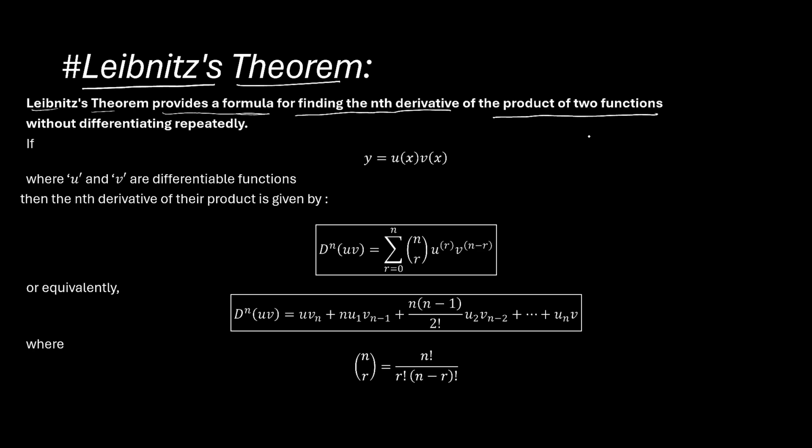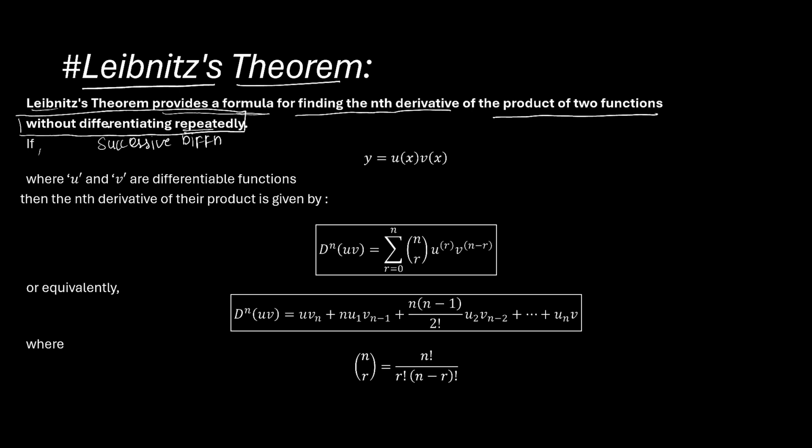Now I think you can link with what we have discussed in the last slide. A formula to find the nth derivative of the product of two functions without differentiating repeatedly. Without differentiating repeatedly means we are not using successive differentiation, because successive differentiation means you have to differentiate on a repetitive basis.